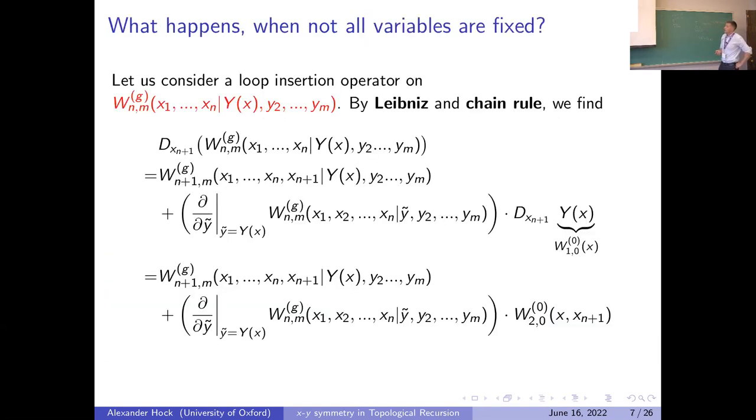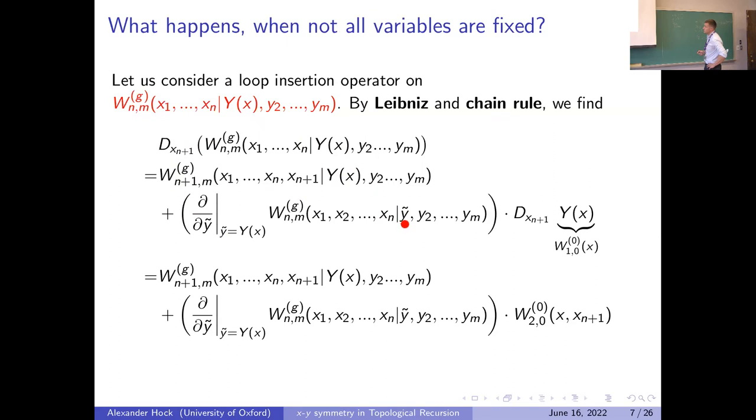And then, what happens if we have this formal expansion W, and we say that one of its variables depends again on the formal expansion? Let's just compute by Leibniz and chain rule that the operator acting on W_{g,n,m} gives you a W_{g,n+1,m}, as it usually does. But it also acts on this variable, where you take the derivative with respect to this variable.